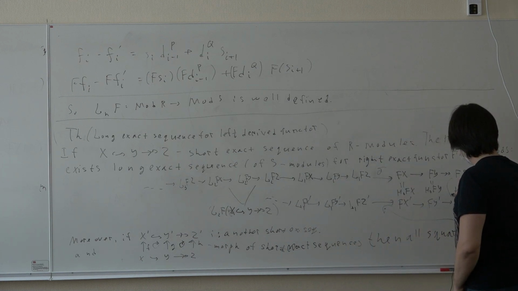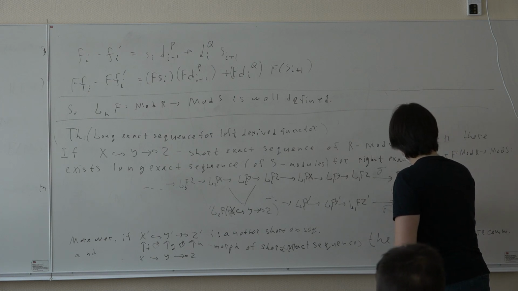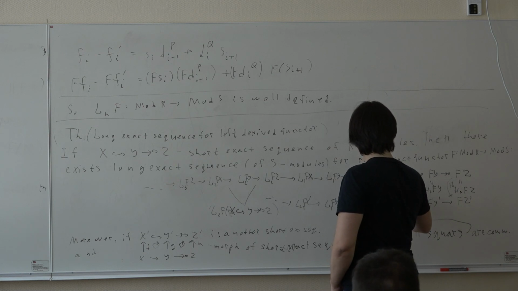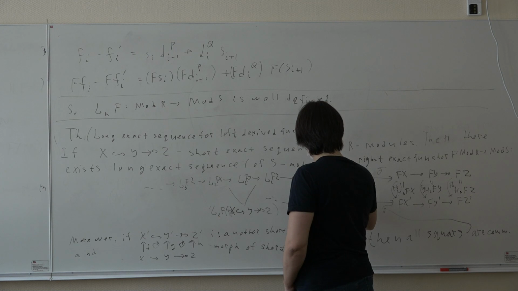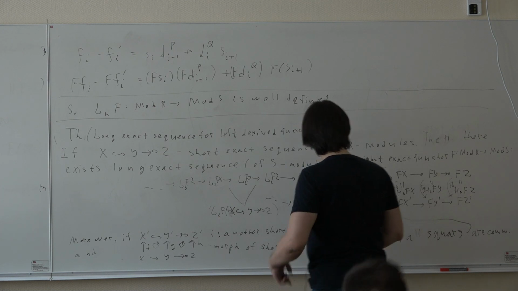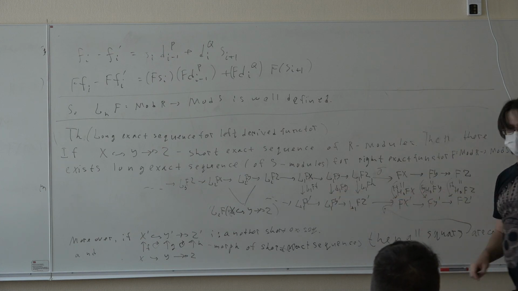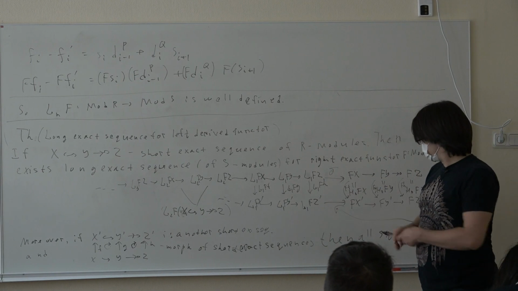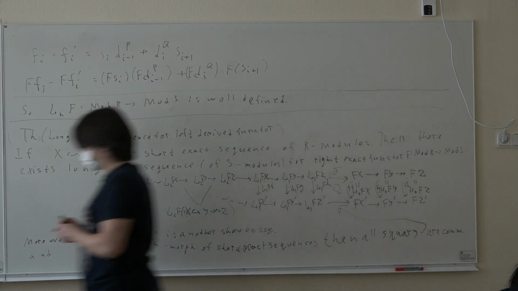And here simply f h, f g, f f, L1 f h, L1 f g, L1 f f. It's clear that these squares are commutative because it is simply application of some functor to a commutative square. But the assertion is that the other squares will be commutative too.